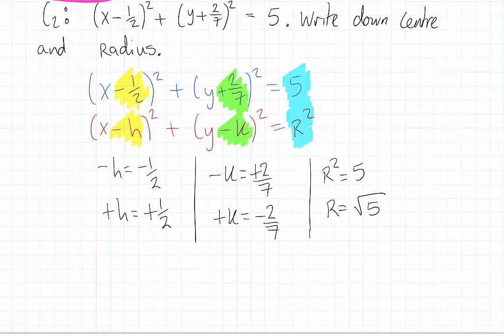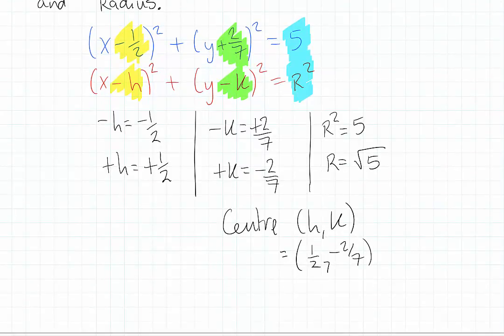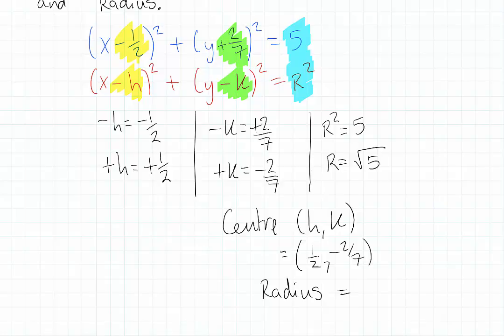So finally we can see that our centre has to be written in the form (h, k). So for this question we have (a half, minus 2 over 7), and our radius is simply the square root of 5. So we can see that our two answers there are correct.